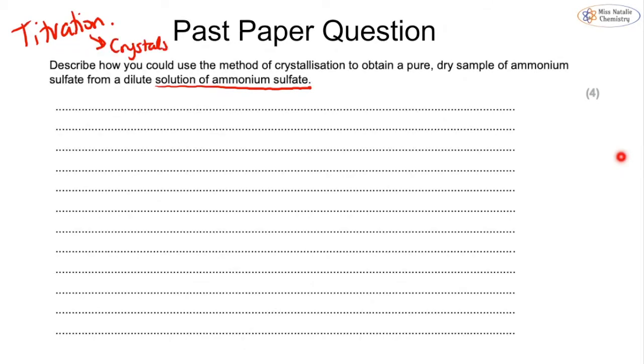So for 4 marks, we're going to need 4 different parts to this. So the first thing that we're going to have to do is heat the solution until the crystals start to form.